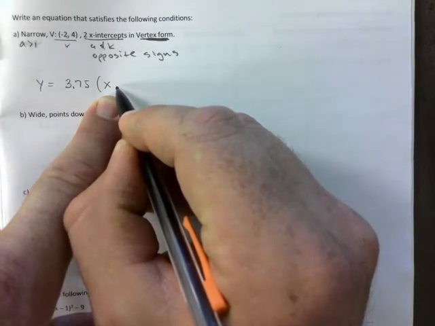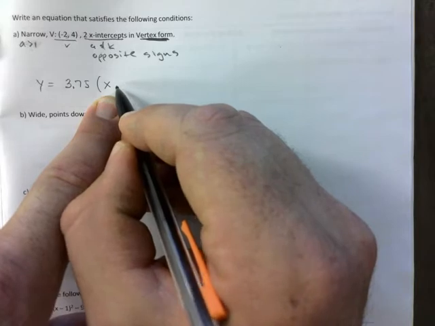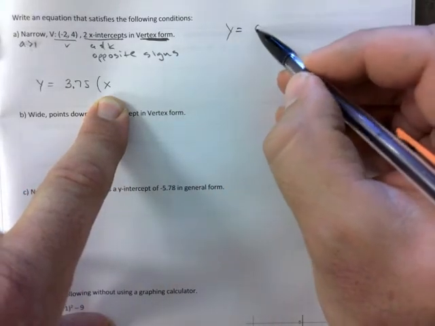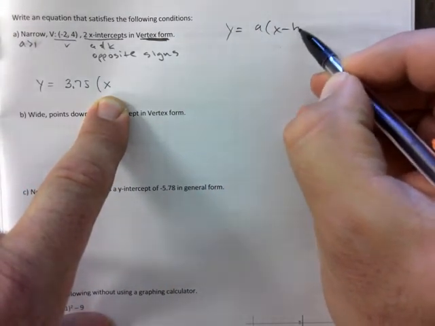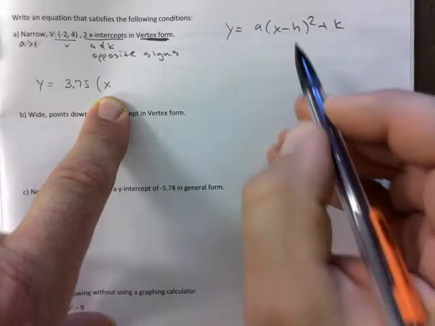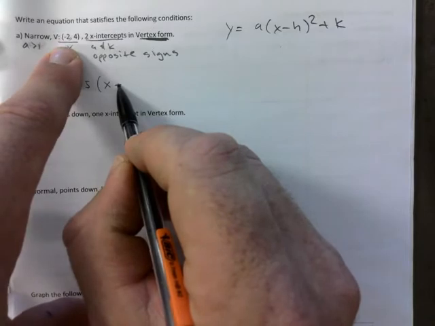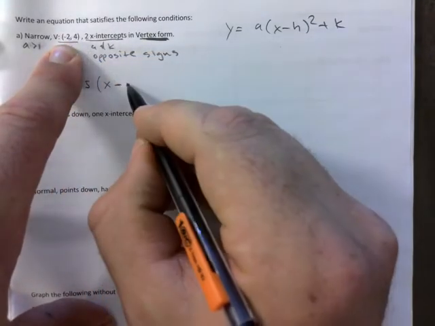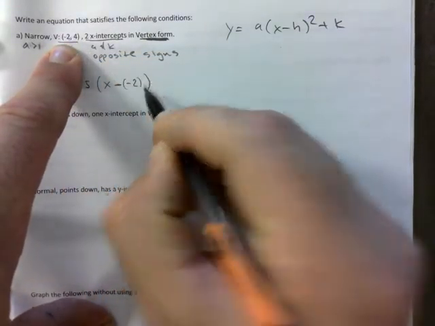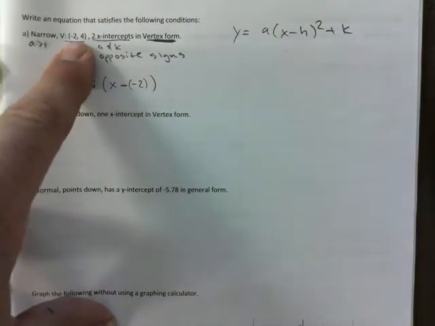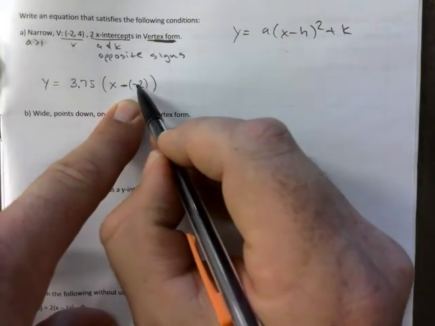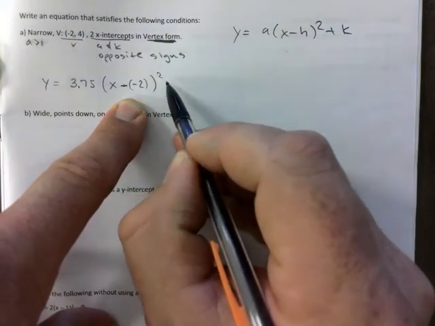Positive, right? And if you don't remember, if you go by this formula, by the general equation, if this says minus whatever your x value is, what happens when you plug in that -2? It turns into positive after all, right?